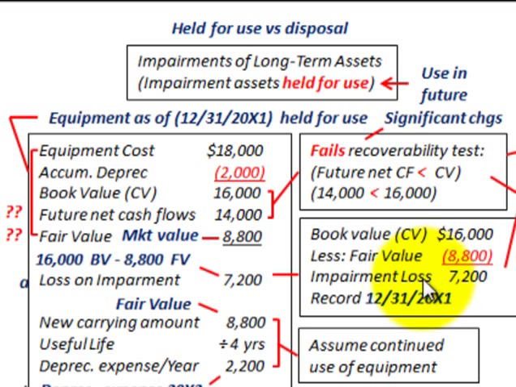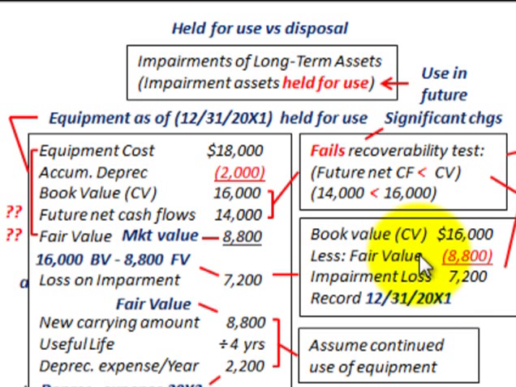Now, based on that, we can determine an impairment loss. We do that in this fashion. You take the book value, or the carrying value, of $16,000, and then you compare it to the fair value. So subtract the fair value of $8,800 that we have on this asset, and that gives us the impairment loss of $7,200.